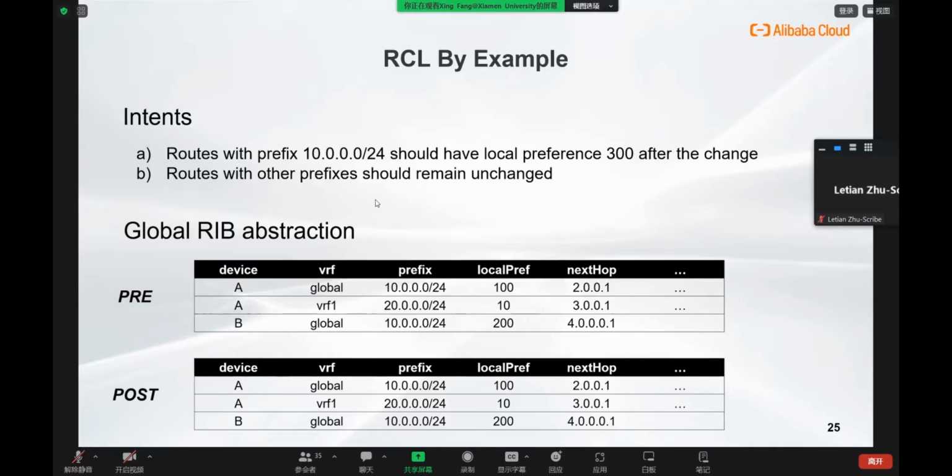In other words, network incidents are more likely on the WAN, and they matter more than in a single data center. That is one reason why we focus on the wide area network instead of data centers. Okay, I see.